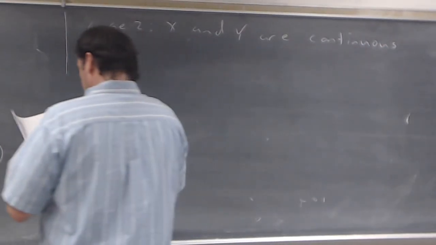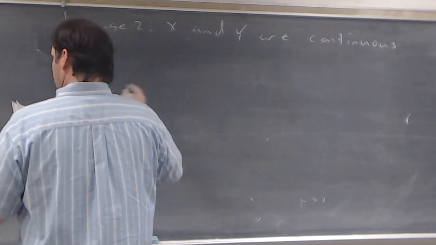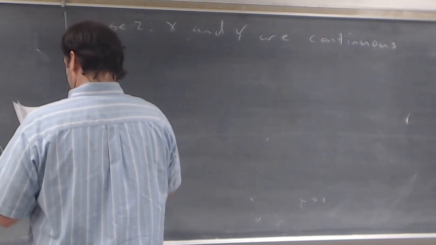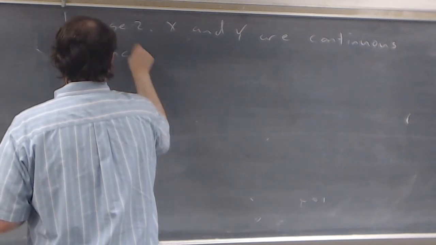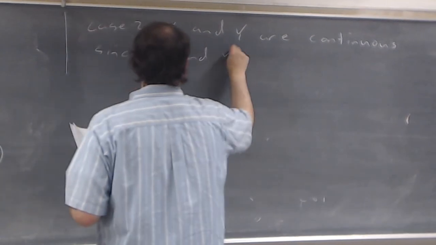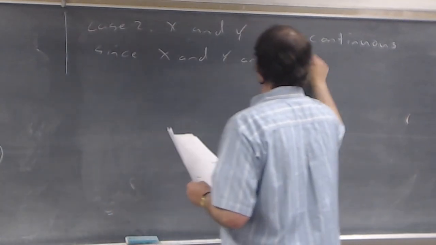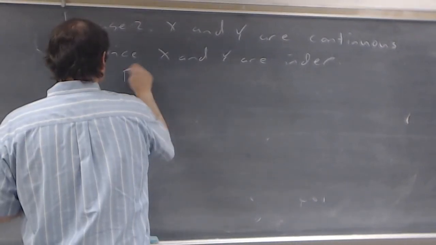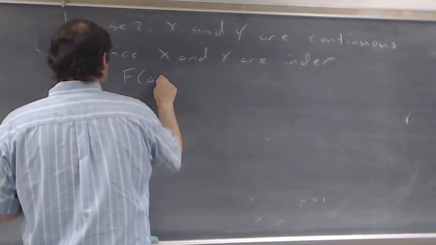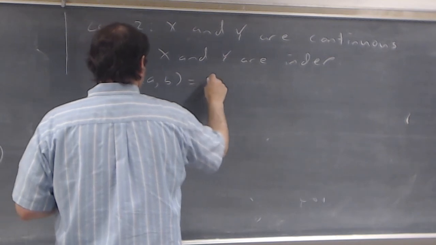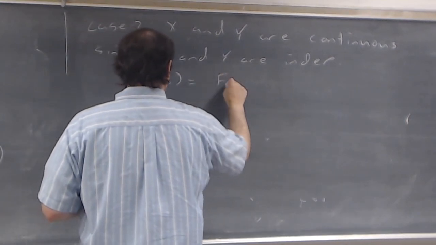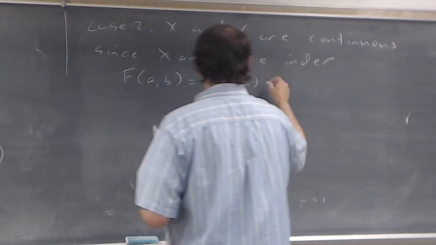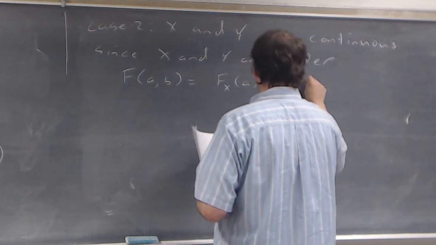Okay. And then what I'm going to have, we're assuming that x and y are independent. So let me write that. Since x and y are independent, then what we have is the joint CDF is equal to the product of each individual CDF.